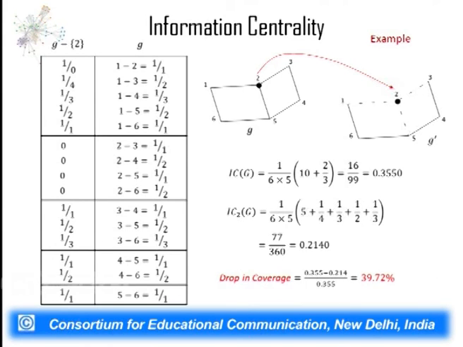First we have found the entire list of ratios that you can see in the column specified by G. From this we get that the normal information centrality of this particular graph G is 0.355.